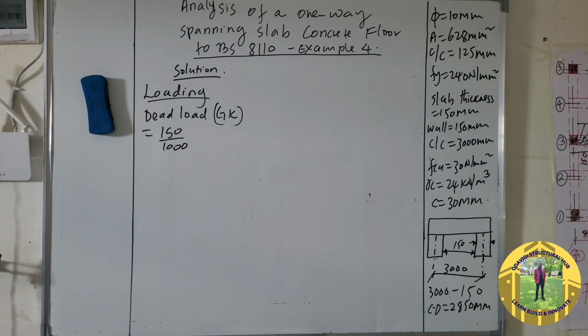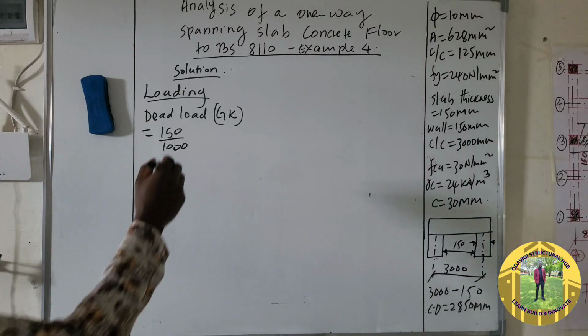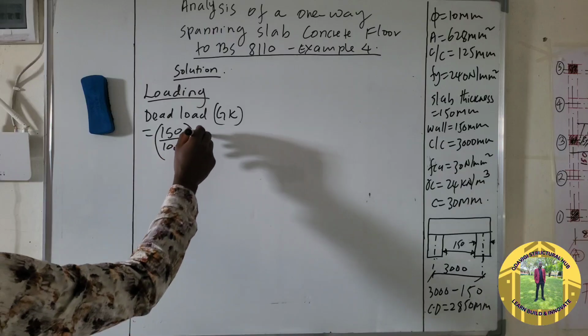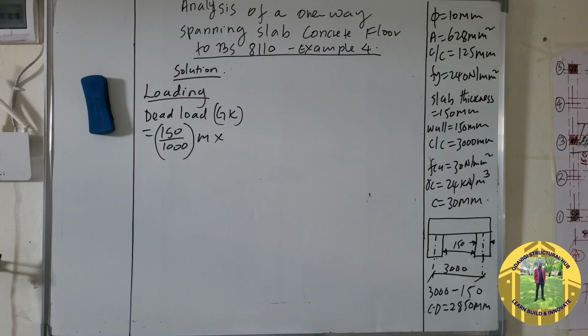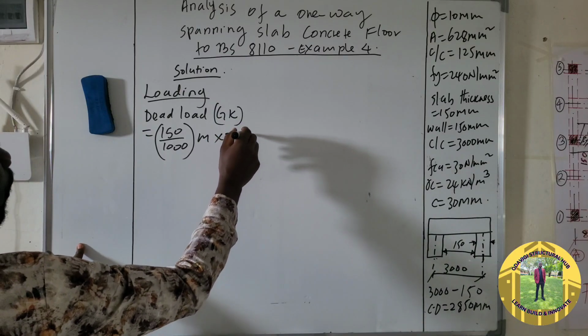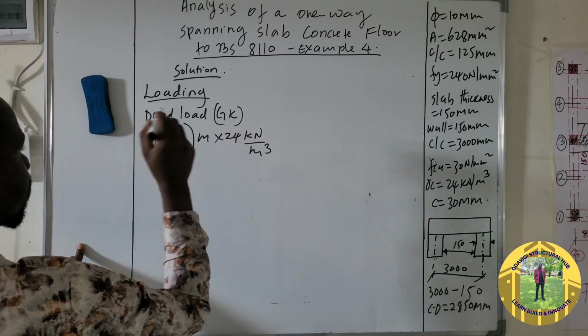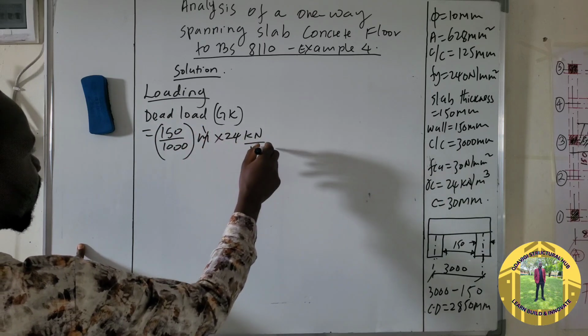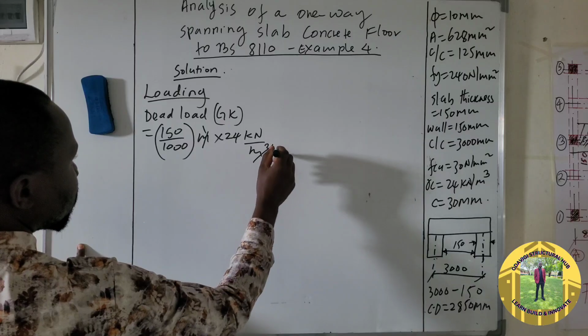When you divide by 1,000, you are converting from millimeter to meter. So this one will be in meter. Then times the unit weight of concrete, which is 24, kilonewton per meter cubic. So meter will cancel with this meter cubic.